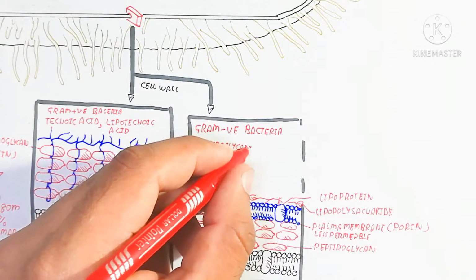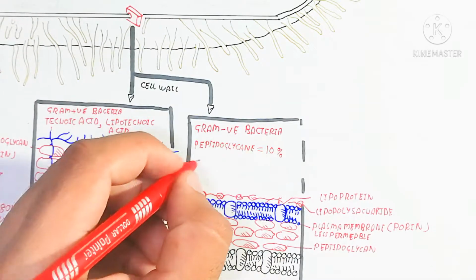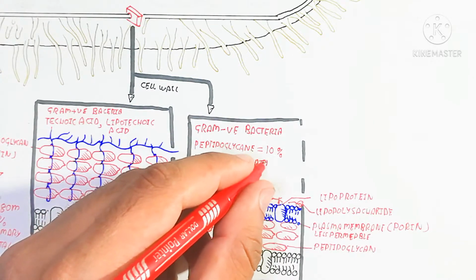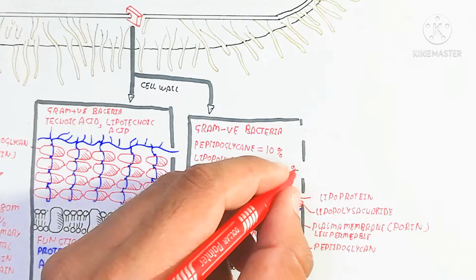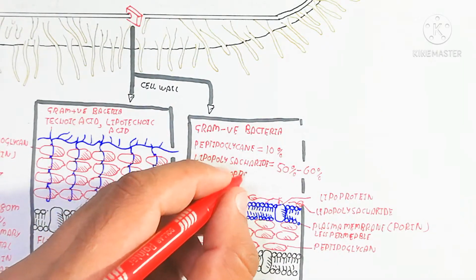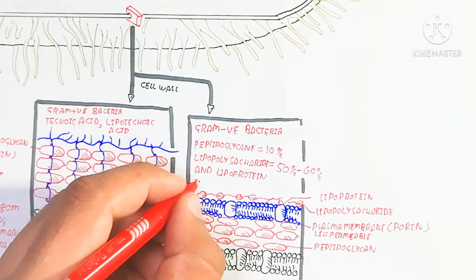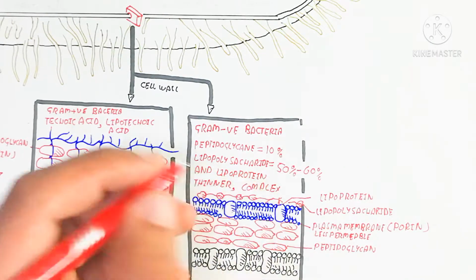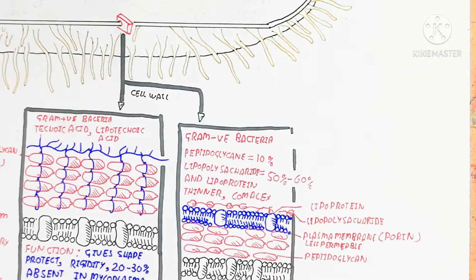The lipopolysaccharide is 50 to 60%. It means there is more lipopolysaccharide as compared to the gram-positive. Lipoprotein and thinner complexes are also present, which is thin as compared to the gram-positive bacteria.